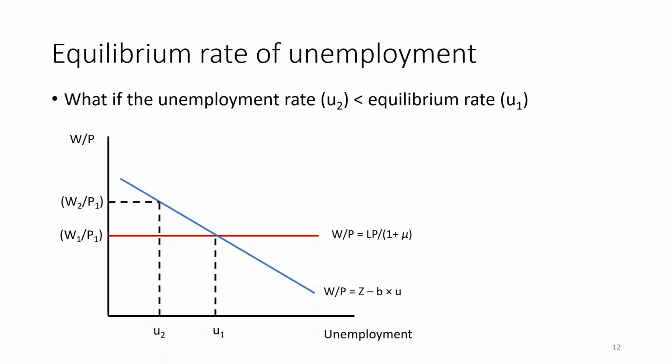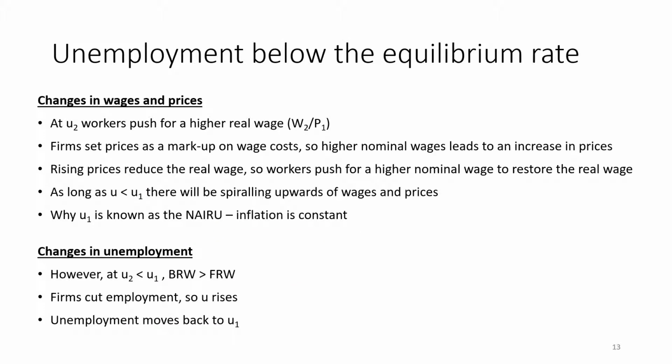And in doing so, we'll notice that the bargain real wage now exceeds the feasible real wage. So what would happen? Well, the first thing that would happen is that we might see an acceleration in wages and prices.